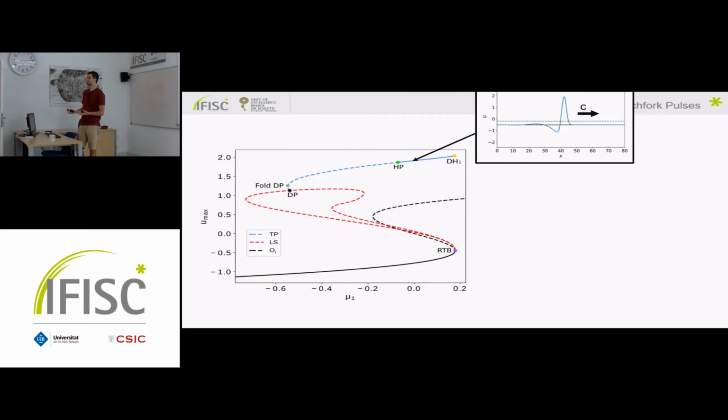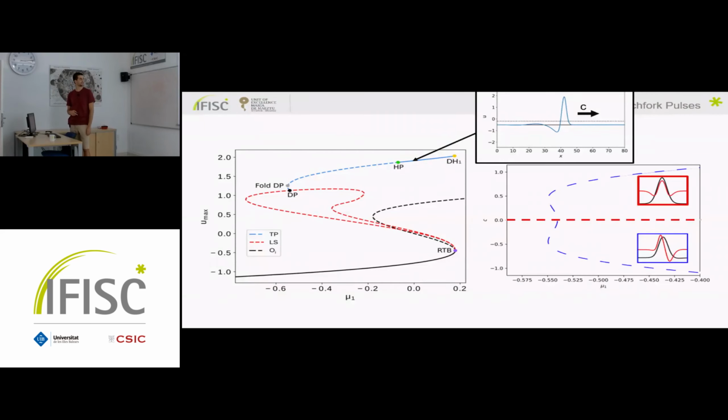that do not change in time, so they are steady, and in this kind of system where there is excitable behavior, they destabilize in a drift pitchfork bifurcation.